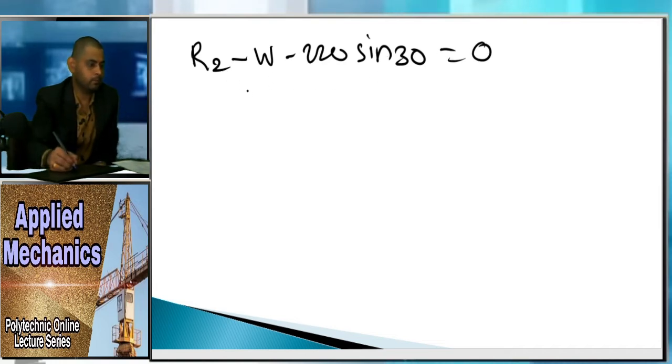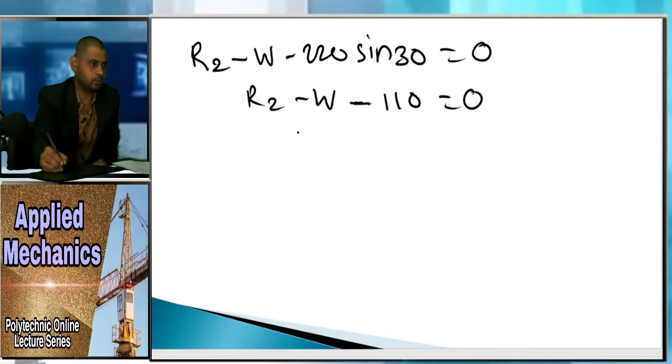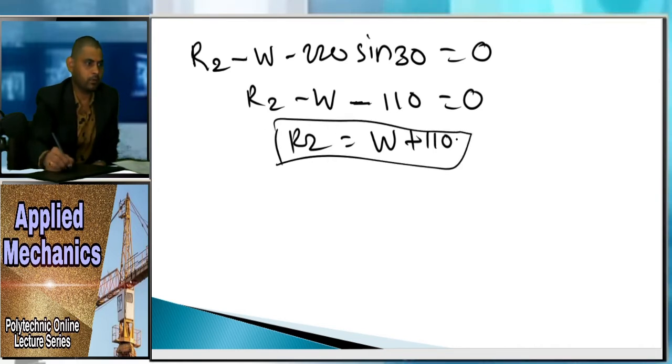The value of 220 sin 30 is 110. So R2 is nothing but W plus 110. This is equation number 3.